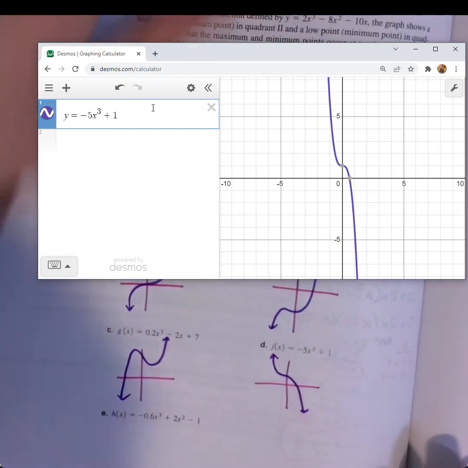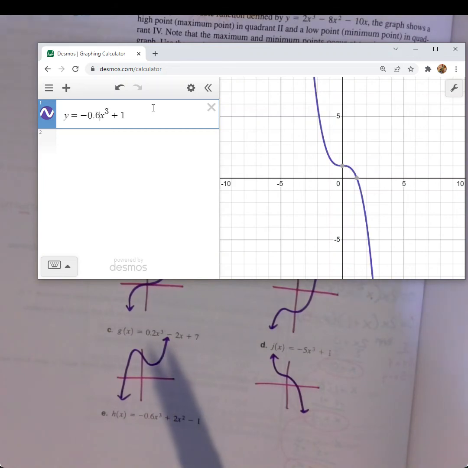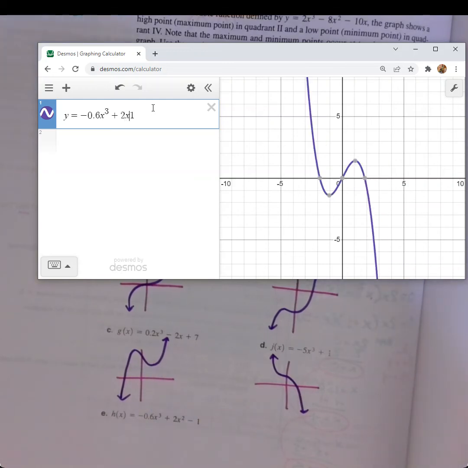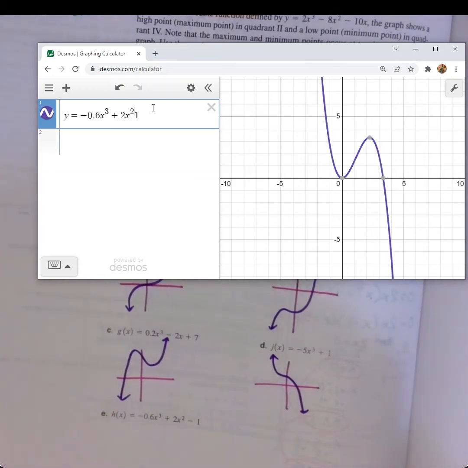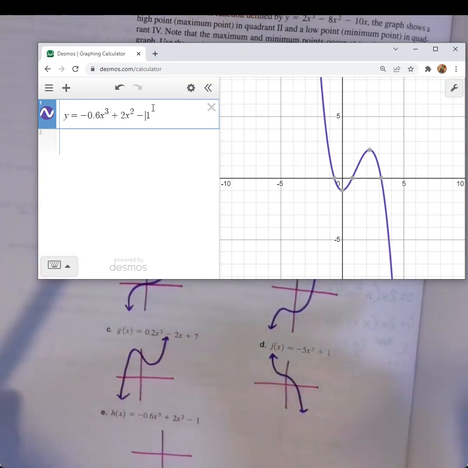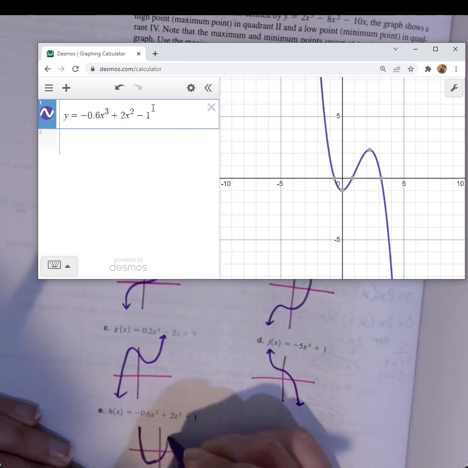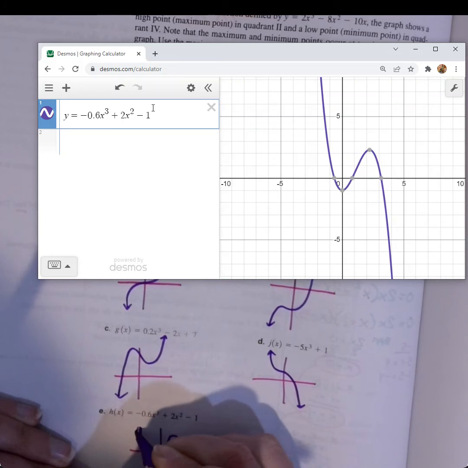And the last one we want to see is going to have a negative 0.6x cubed plus a 2x squared and then minus a 1. Okay, so let's draw this shape. And there we go, close enough to that shape there.